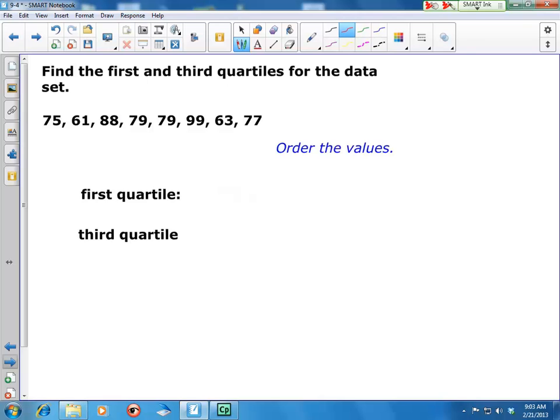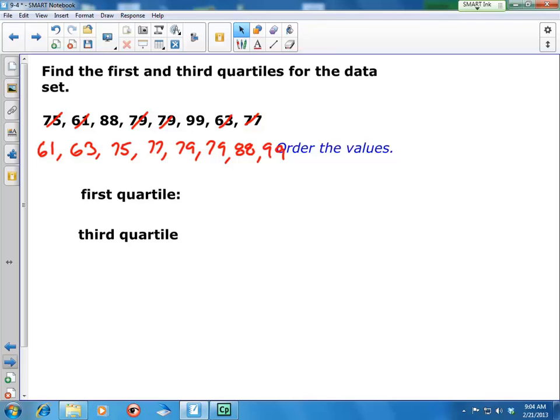Our smallest one looks like it's 61. Next is 63. 75. You guys don't have to write this one down. We just did one like this, so just pay attention. 77. Yep, 2 79s. 88, and 99.